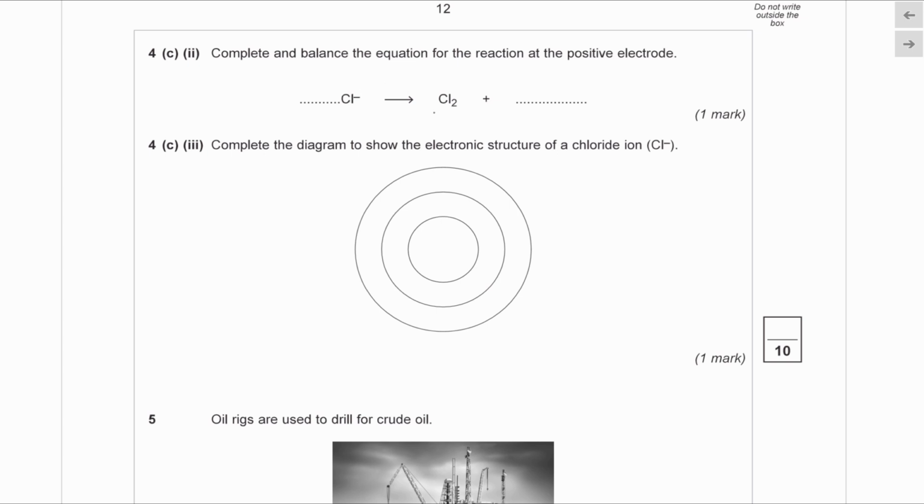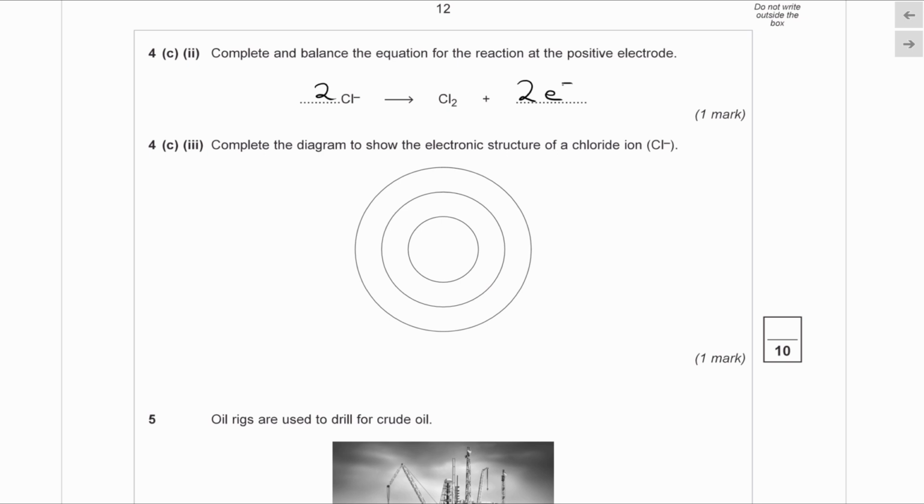But because chlorine doesn't like to exist as atoms, it likes to exist as molecules, that's why we have 2 of them, right? So we need 2 chloride ions to balance that out. And now if each one of those chloride ions gives away one of its electrons, that gives you a total of 2 electrons that it's given away. So what you produce is chlorine as a molecule and 2 electrons. And we write that 2e-.